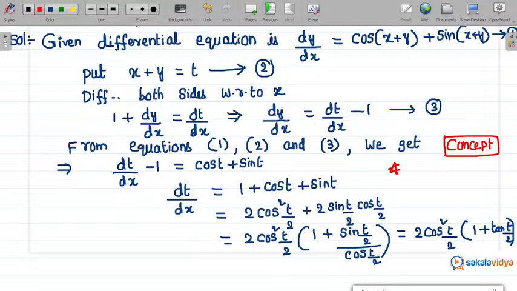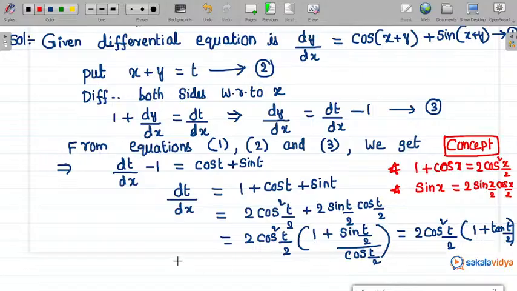First concept: 1 plus cos x is equal to 2 cos square x by 2, whereas sin x equals 2 sin x by 2 cos x by 2. So now let us transpose this. We can write dt by dx equals 2 cos square t by 2 times 1 plus tan t by 2.